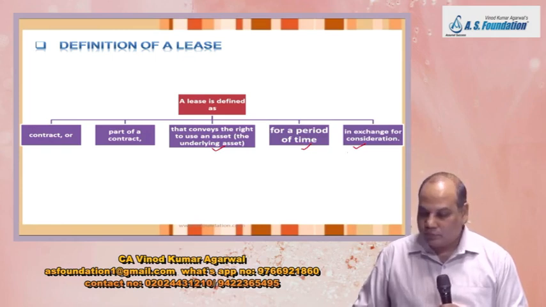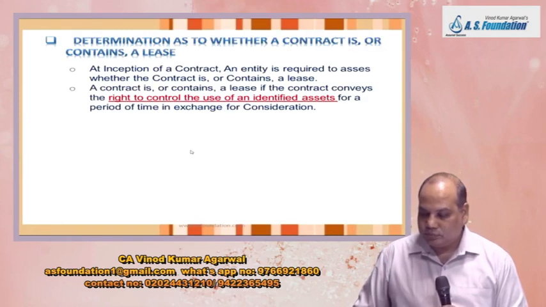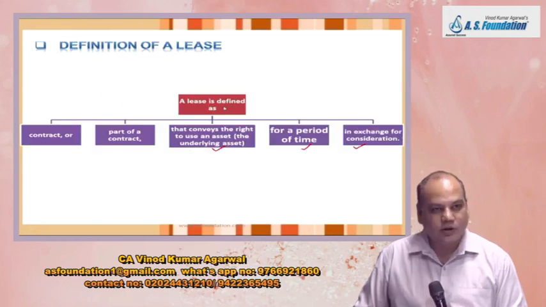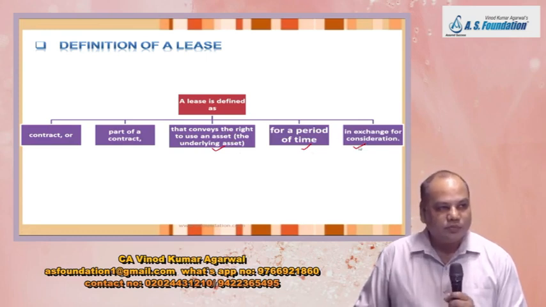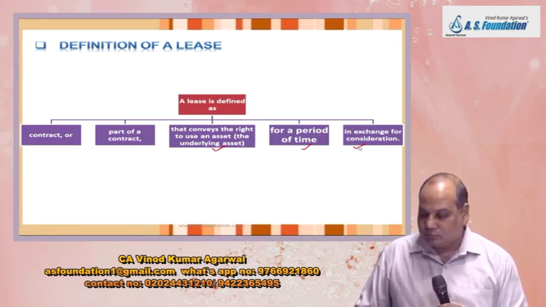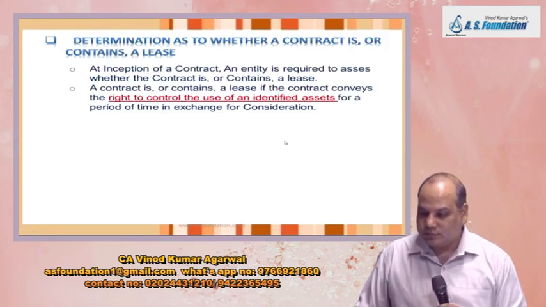So what are the important features of a lease contract? It can be a contract or a part of a contract. It gives the right to use an asset for a period of time and in exchange for a consideration. That is called a lease contract.